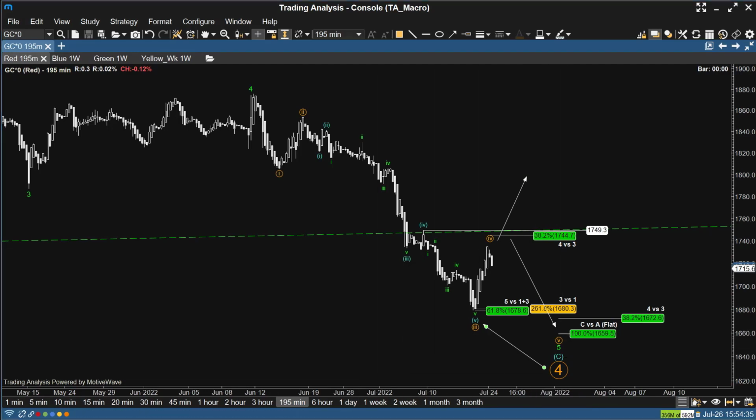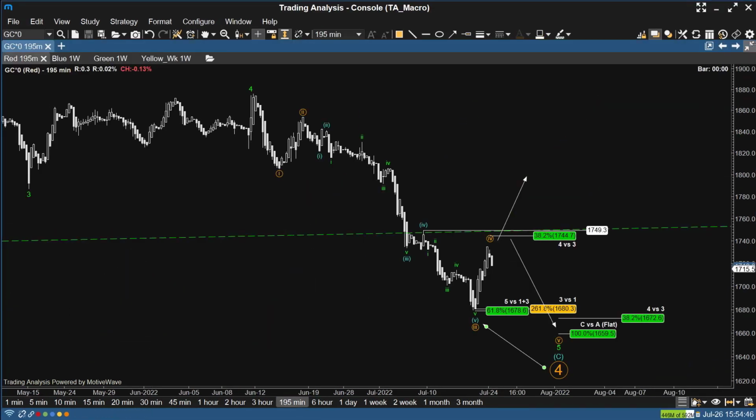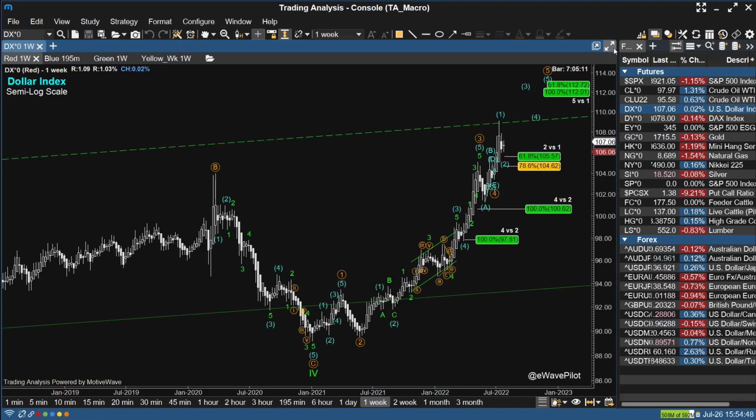Looking at the price chart of the US dollar index, allow me to get that set up for you. Looking at a chart of the dollar index, and allow me to pop back over there.